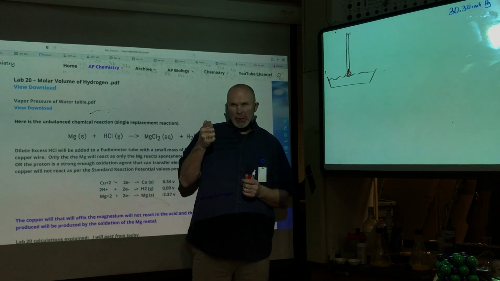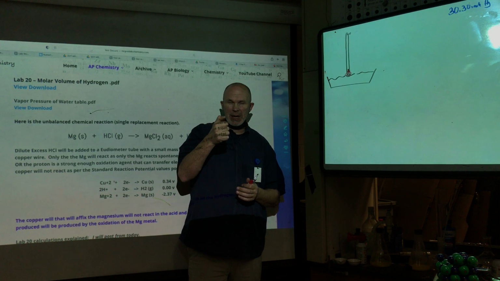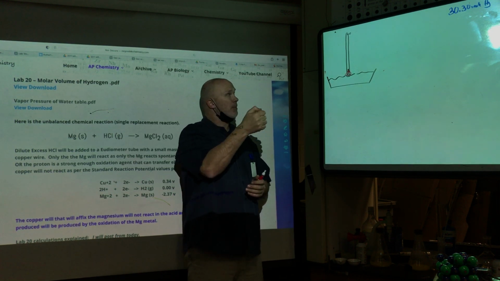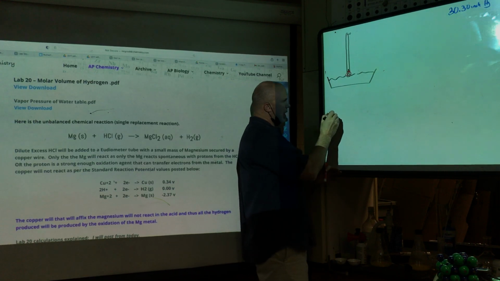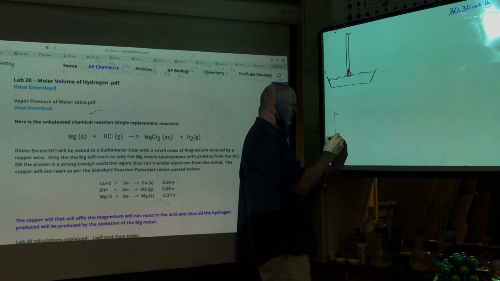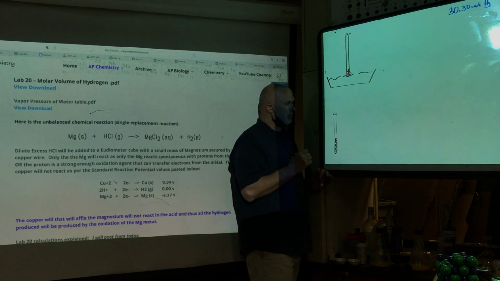I filled that eudiometer tube with some amount of acid. It was upside down before we capped it and inverted it. So again, just to make sure you understand, we had a eudiometer tube. We filled it about a third of a dilute acid.